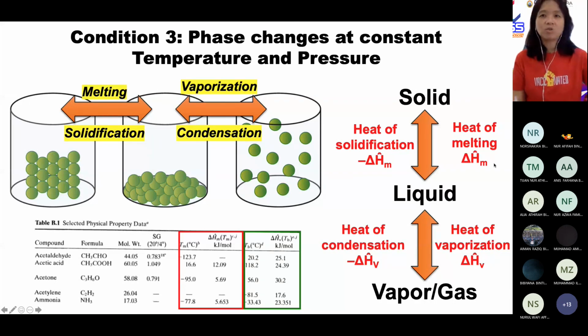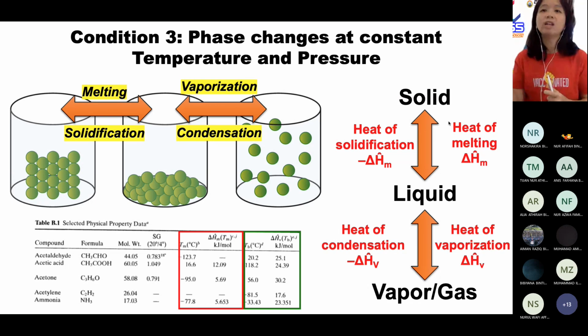Contoh case tadi tu, kan first saya panaskan daripada 25 to 42.5, right? Dan bila sampai 42.5 dia bertukar fasa. So enthalpy untuk perubahan fasa tu adalah sama dengan heat of melting. If I change from solid to liquid, this must occur at the melting temperature.